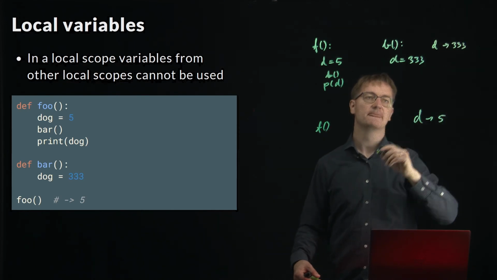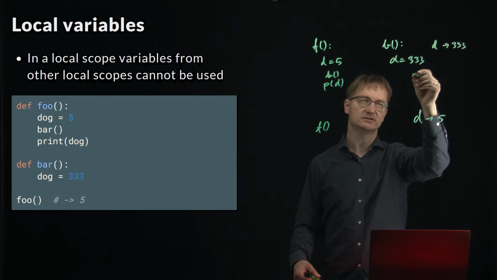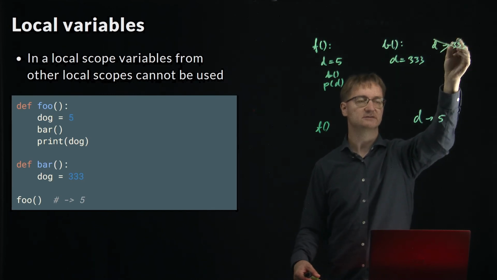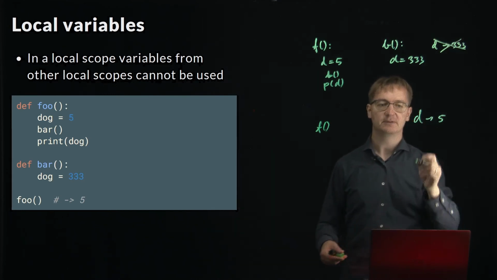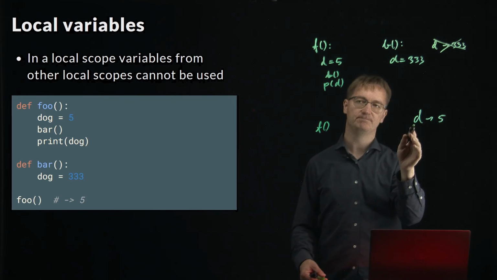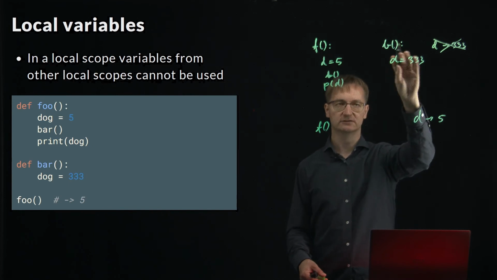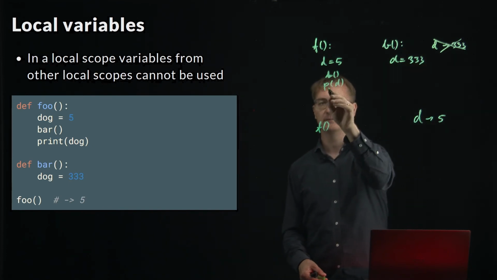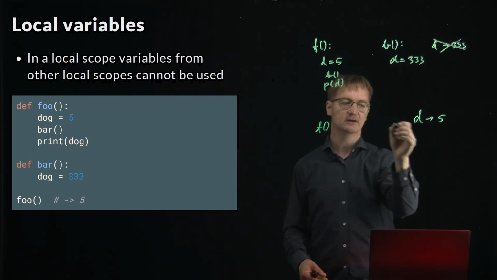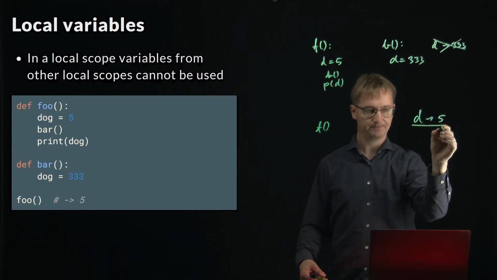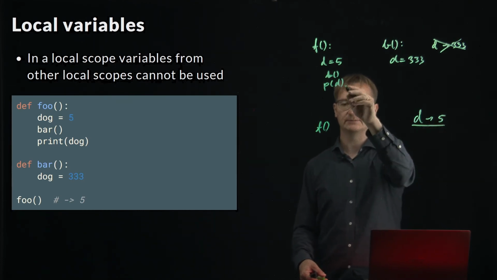Now if the b execution is ended, this variable is lost from the memory, but it doesn't overwrite this value here. So if I end this call here, the b function is executed, everything is done. I come here, I print out the value of d, and it takes it from the local scope. So it takes the 5 and prints out the 5.